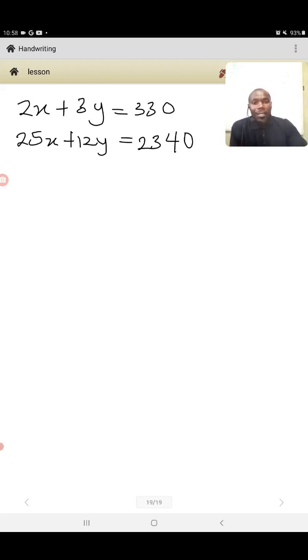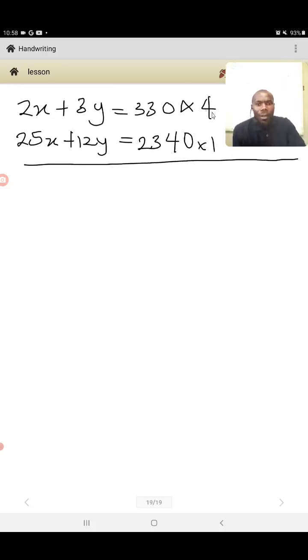So let's multiply this equation by 4, because by multiplying it by 4, this will now be 12y. The other one we multiply by 1. 4 times 2x will give you 8x, plus 4 times 3y gives 12y, which is equal to 4 times 330, that is 1320.